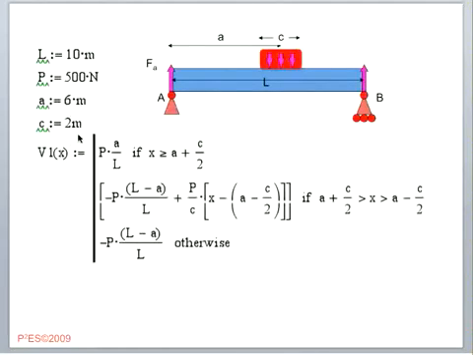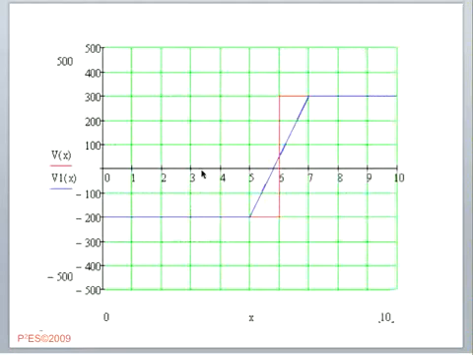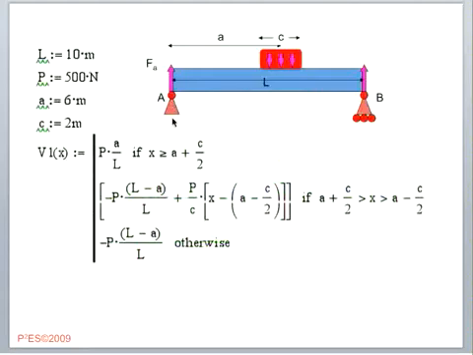Pretty straightforward. Same distance, same applied load, same value in terms of the distance here, but I've spread this across 2 meters. For positions greater than A plus C over 2, so for any position from here over, I've defined it as this value.